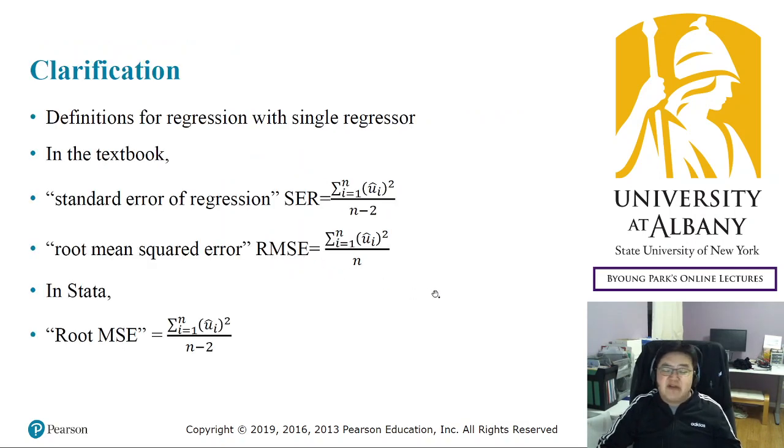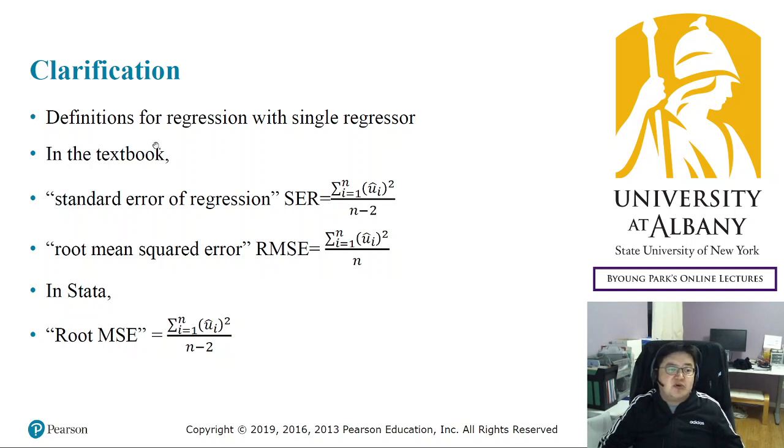So let me clarify what makes it so confusing. I forgot to put a square root on everything, but please understand, imagine there is a square root. So in the final definition, you have to have a square root for everything. First, the textbook and Stata have different definitions.